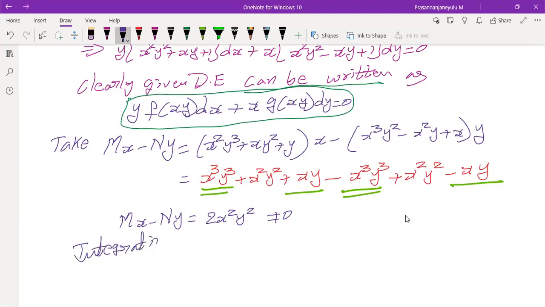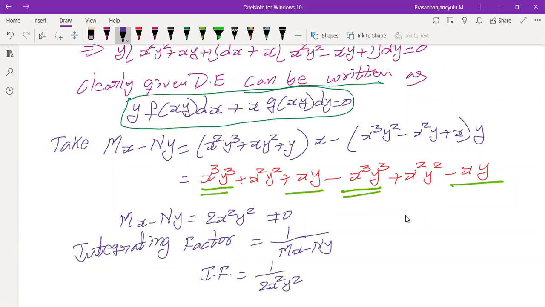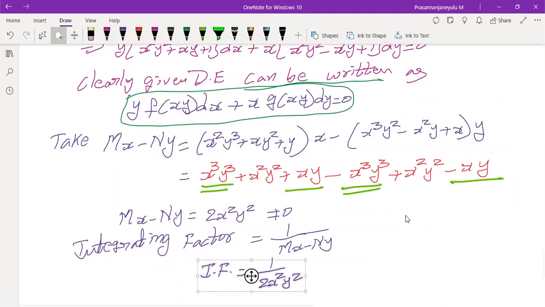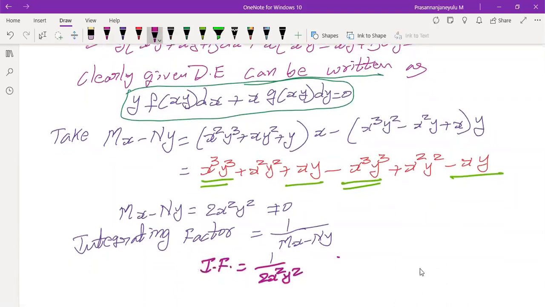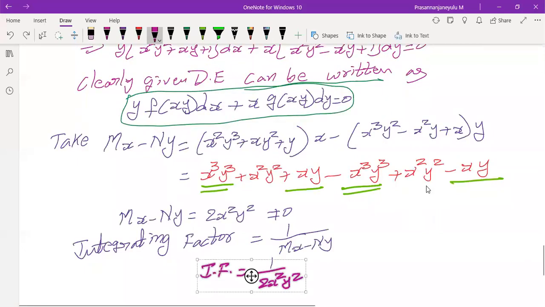The integrating factor is 1 by mx minus ny, which is nothing but I F equals 1 by 2x square y square. This is our integrating factor.